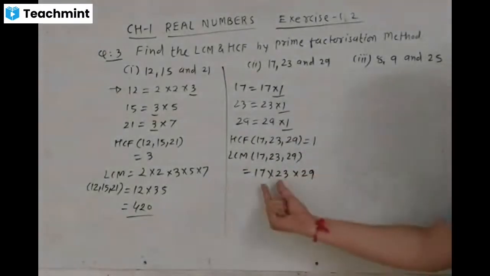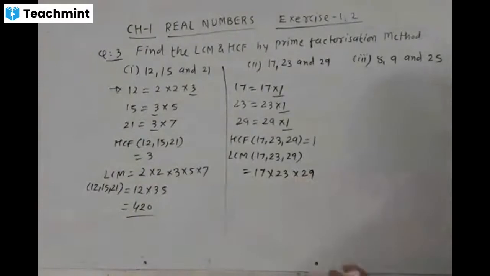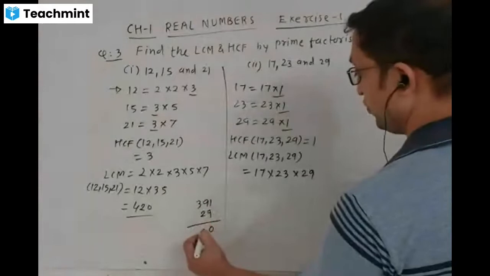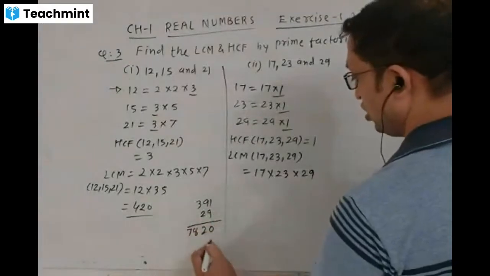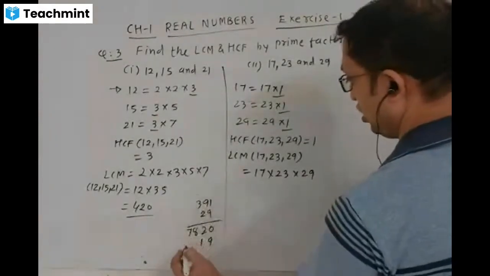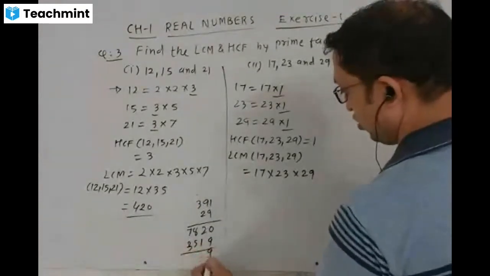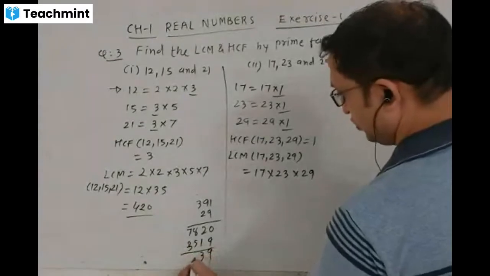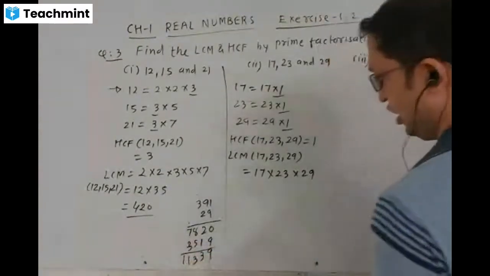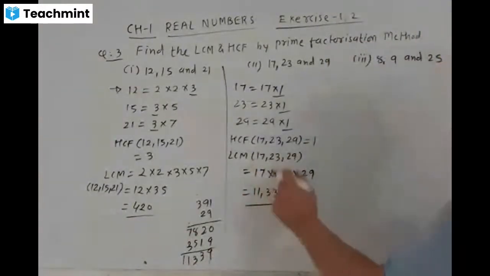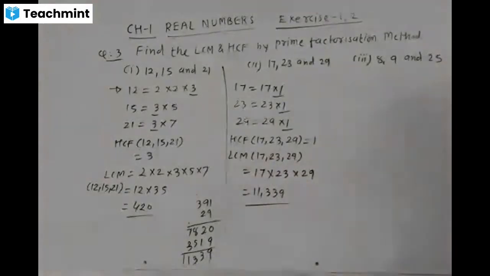And the product of 17 into 23 is 391. 391 into 29 is 11339. That is the LCM of 17, 23 and 29.